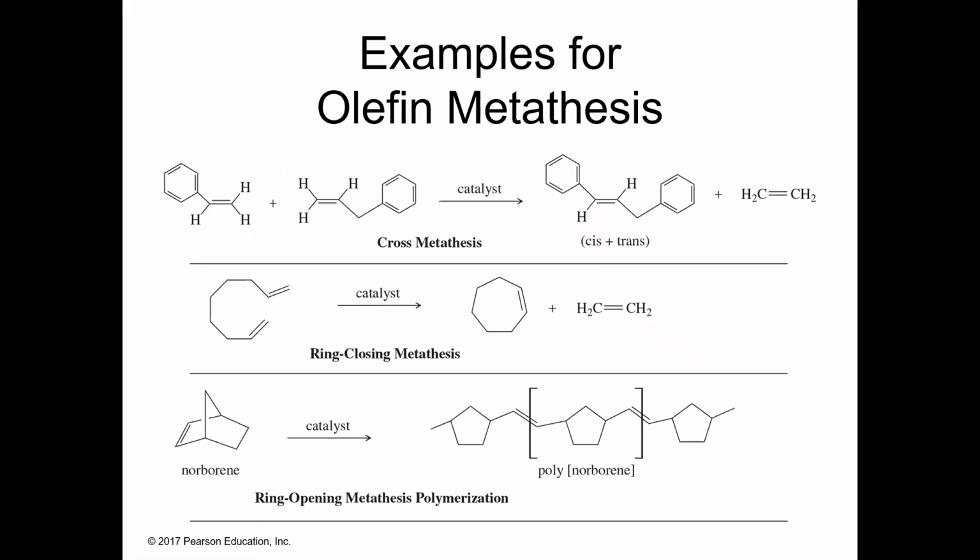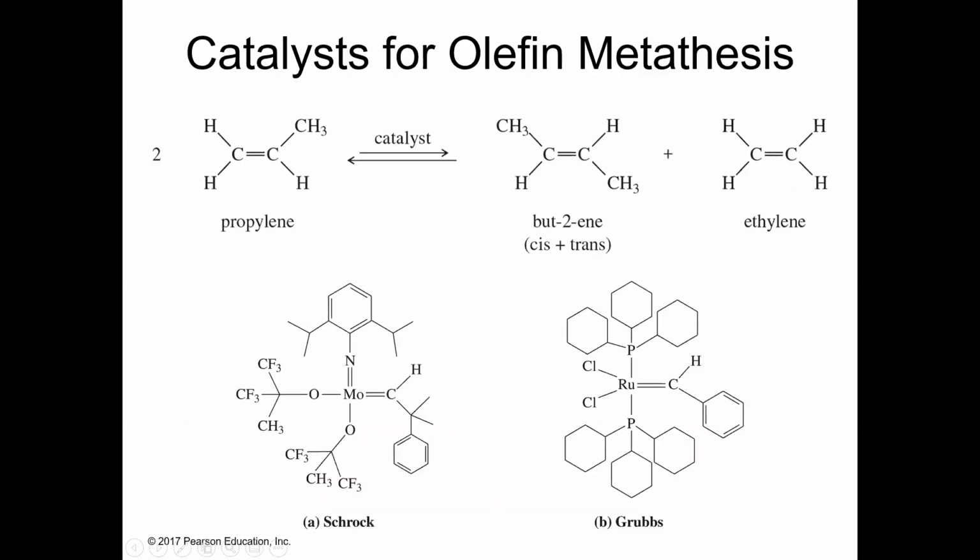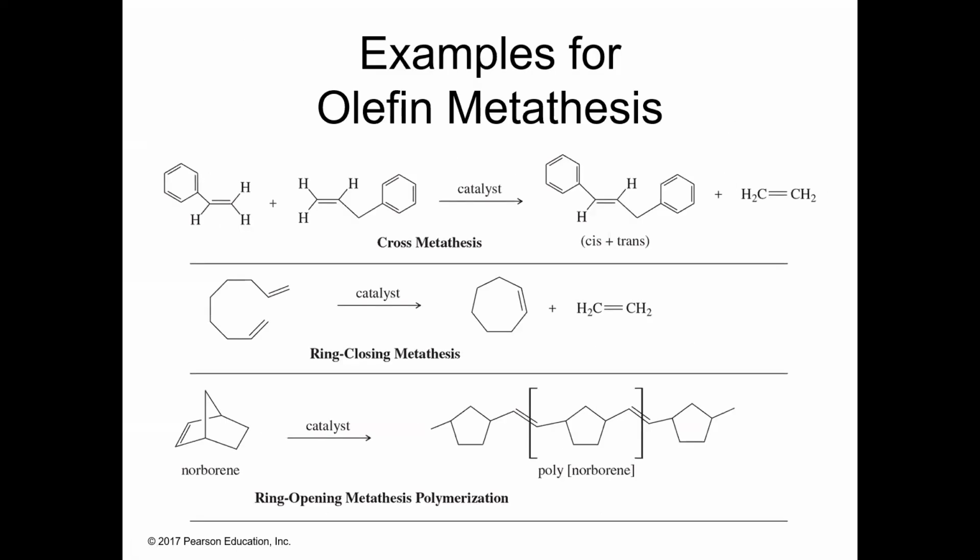Some more examples of cross, ring closing and ring opening metathesis. This was, I guess you call it ordinary metathesis. Here's cross metathesis, where we have two different alkenes. We split them and then we interchange the groups. Here's ring closing metathesis.